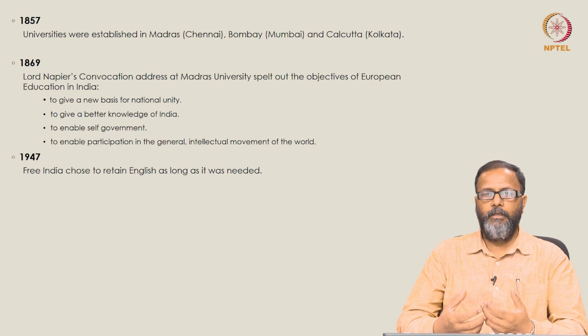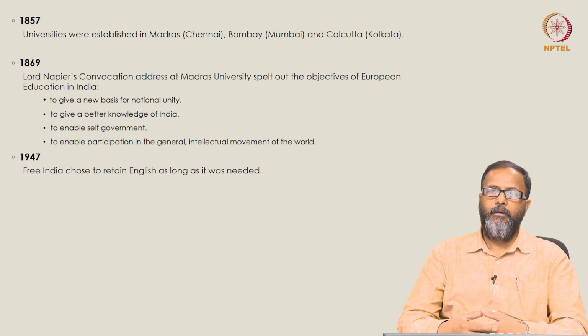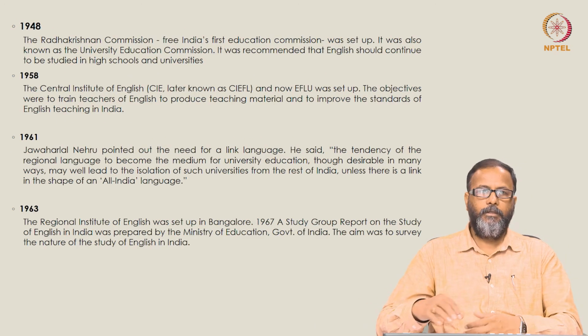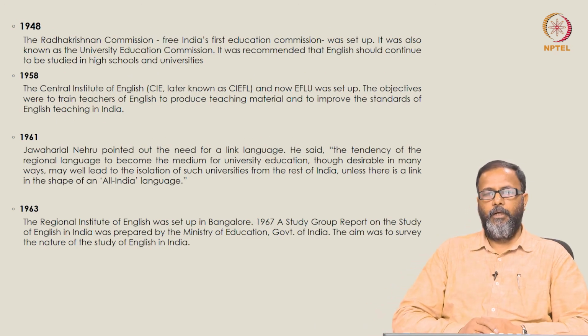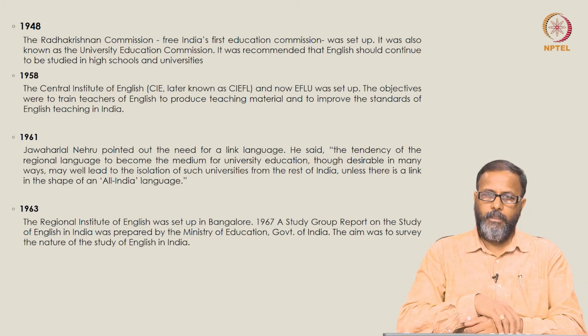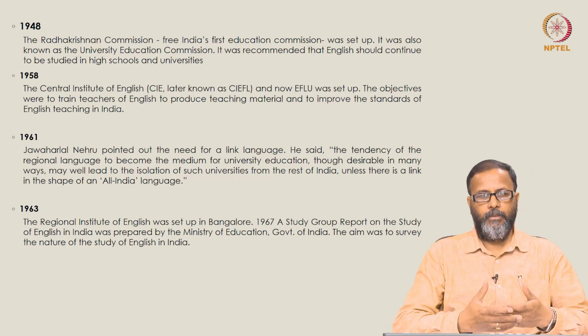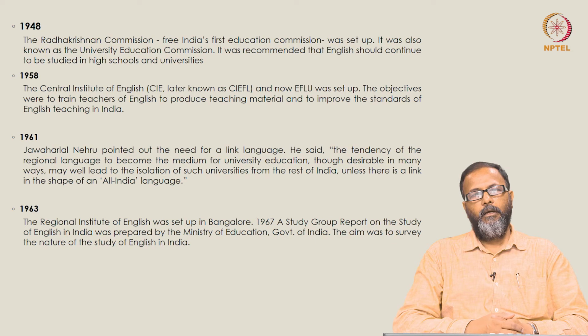So free and independent sovereign India willfully chose English to continue as long as it was felt needed. And the rest is history, because we all know how the official language decision was taken, how Hindi was voted as the official language of the Union, and how English was adopted as the associate official language of India.